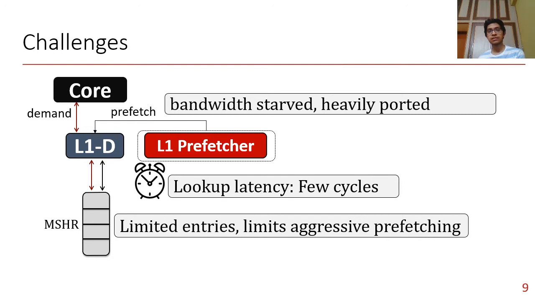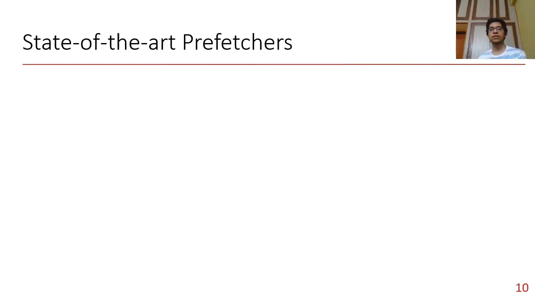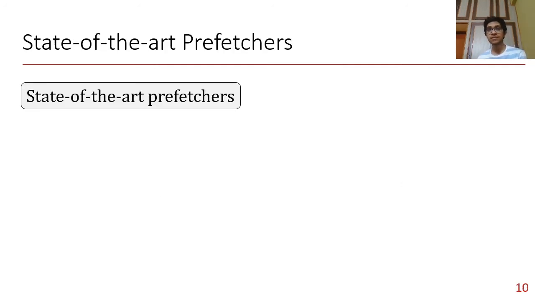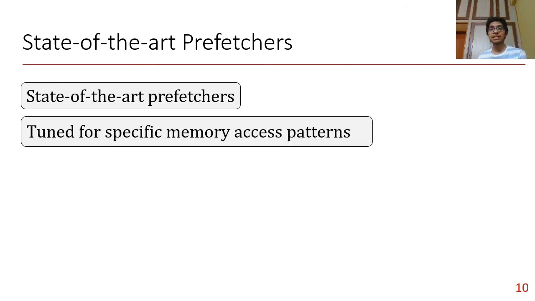Thirdly, the MSHR and the prefetch queue at the L1 have limited entries. If the L1 prefetcher prefetches too aggressively for a single IP, the consequent IPs might not find enough entries to issue prefetches or demand requests. Most of the current state-of-the-art prefetchers are highly tuned for specific memory access patterns.